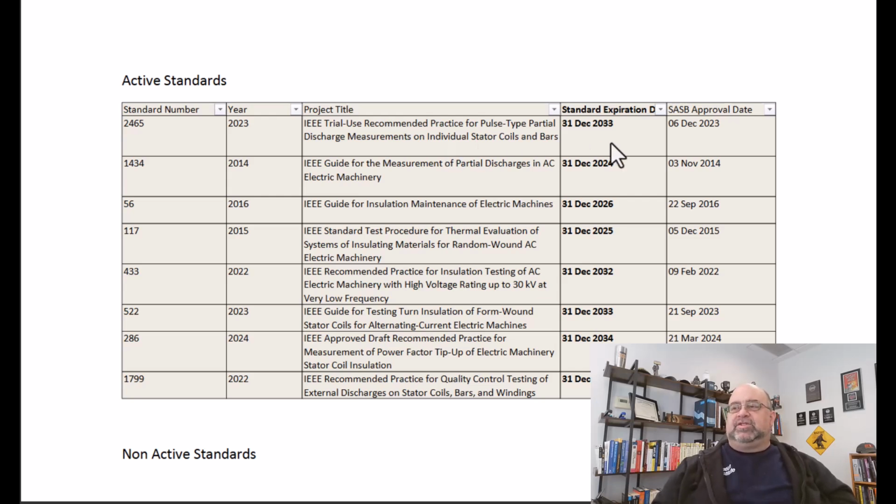Now, this is relatively new, so this shouldn't be right because it should be 2026. I'm going to be looking at this standard later because I actually use the IEC standard for offline PD testing, off of a surge tester, and that's basically what this is.